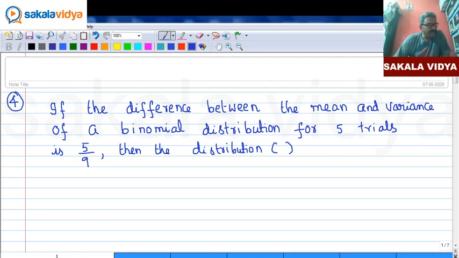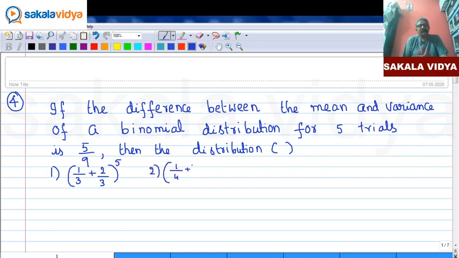First option: (1 by 3 plus 2 by 3) whole to the power of 5. Second option: (1 by 4 plus 3 by 4) whole to the power of 5.